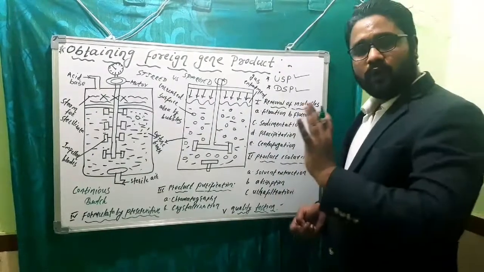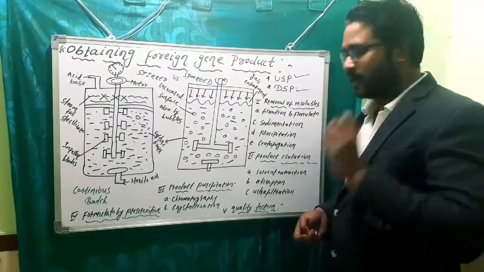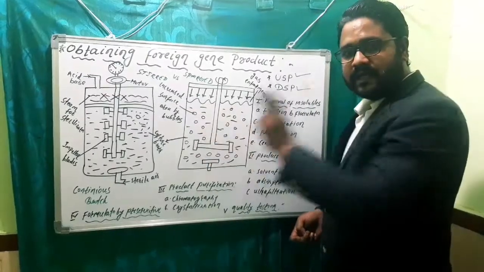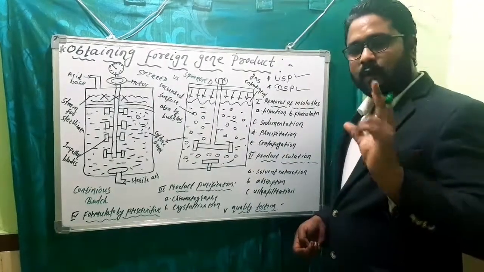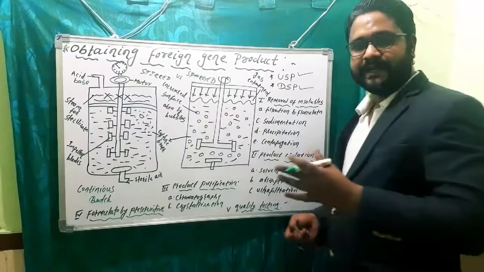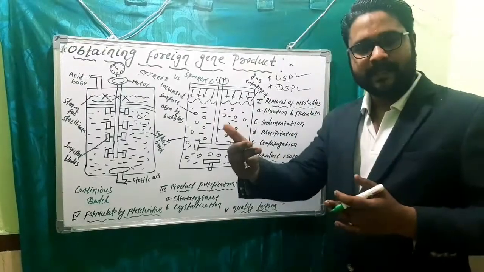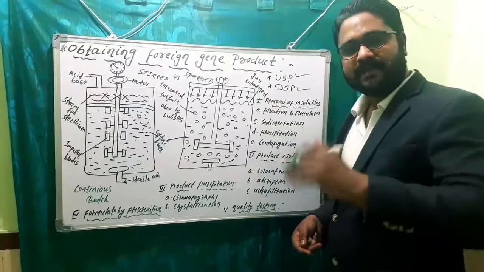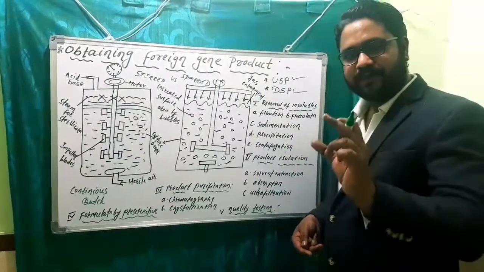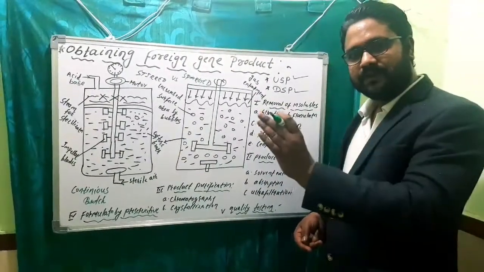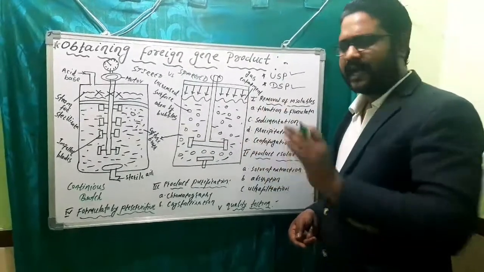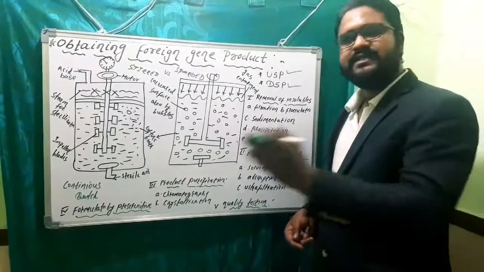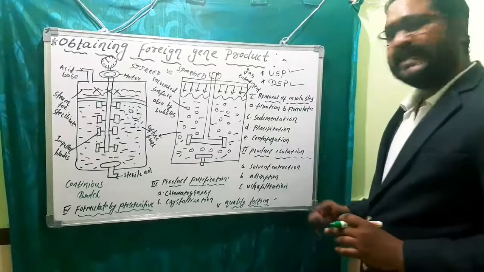In that liquid medium, we add one more medium in which our product is more soluble, and by mixing these two liquids, our product will get dissolved into the immiscible solvent added, and that solvent is separated. That is called solvent extraction.